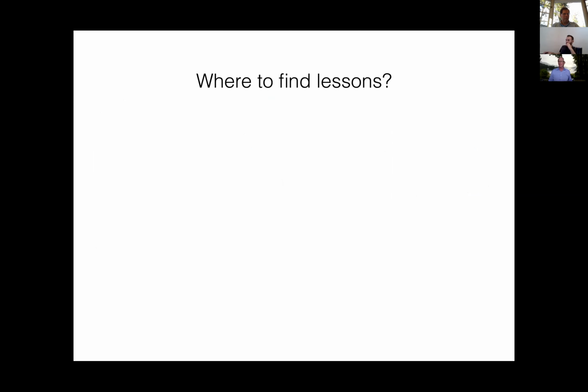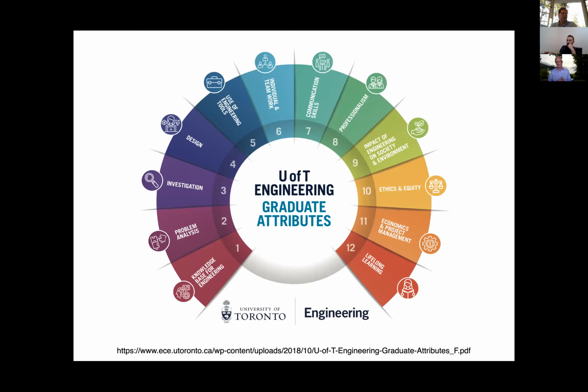So where to find the lessons? It's something you want to think about yourself, and a few things may pop to mind immediately that you want to use. It may be worth spending a bit more time thinking more deeply. One of the things I brought to the students last year was this poster of the graduate attributes.